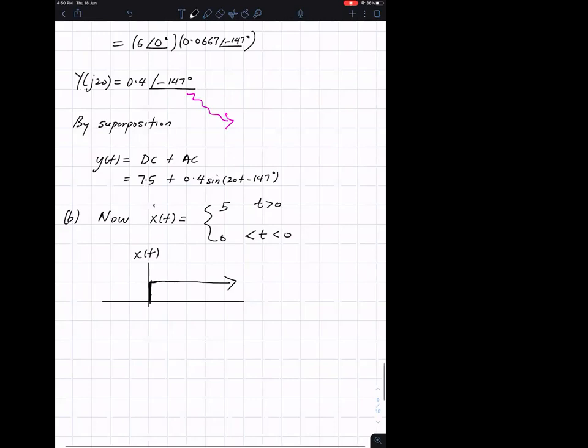The Laplace transform of a step, this is 5u(t). The Laplace transform of 5u(t) is 5 over s.